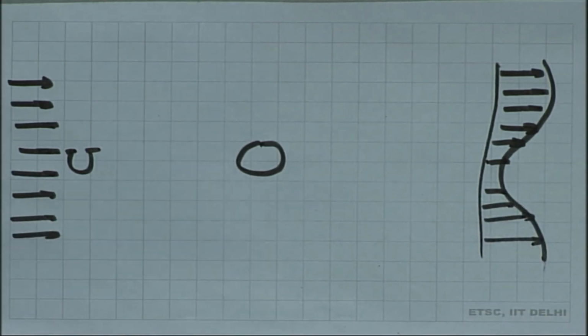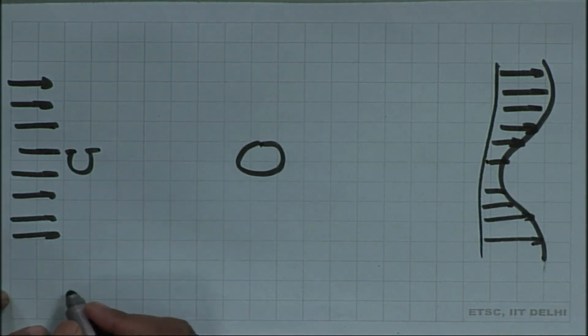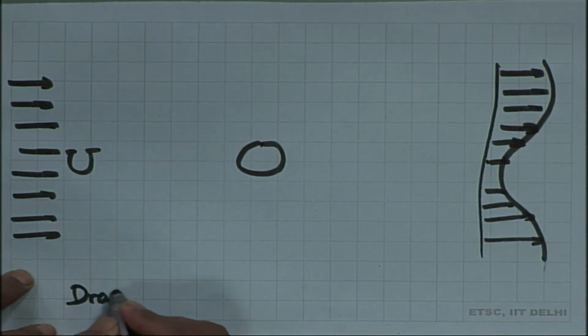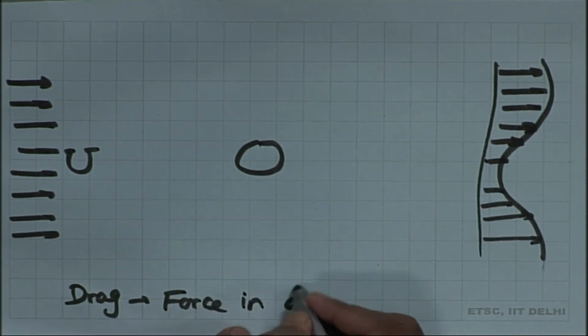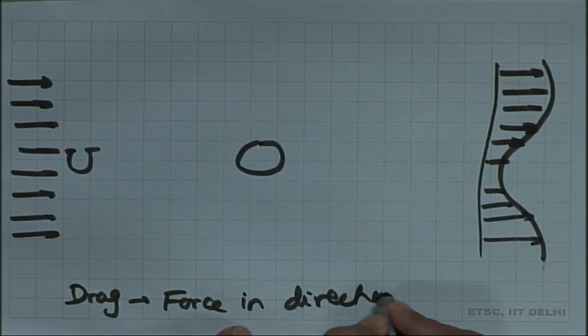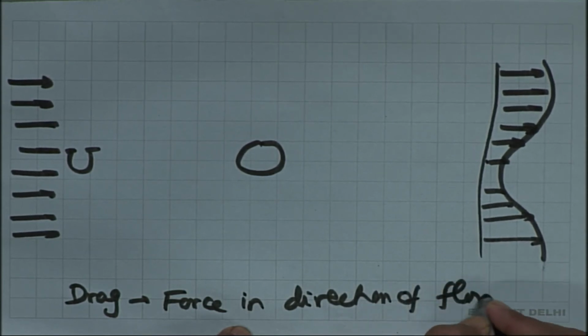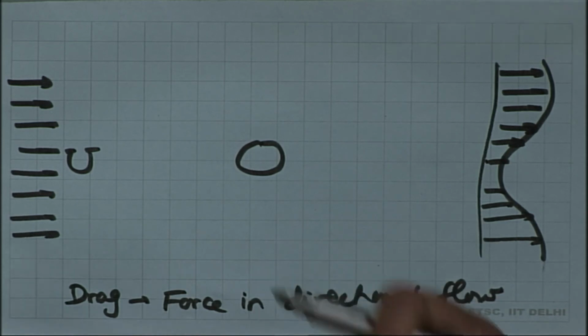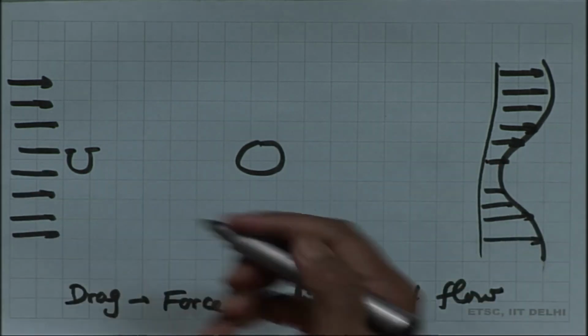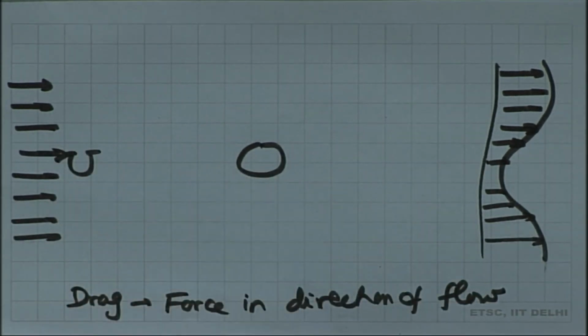The question said find the drag force. What is the drag force? Drag force is force in the direction of flow. So, for example, if the body was moving to the left, then drag force would be the one which would retard the movement of the body in the direction in which it is moving.